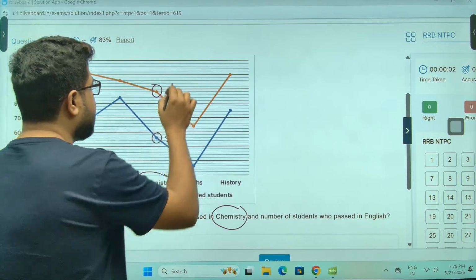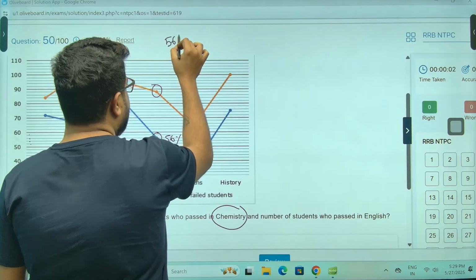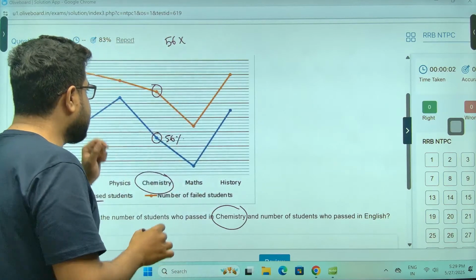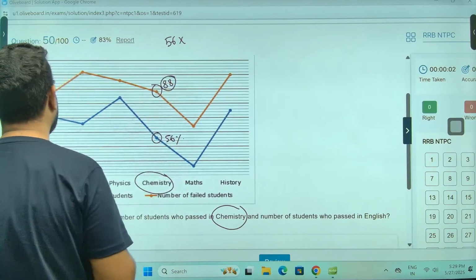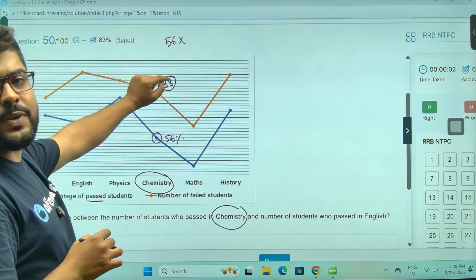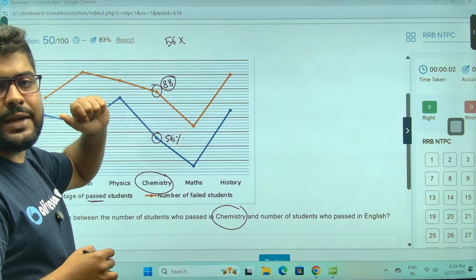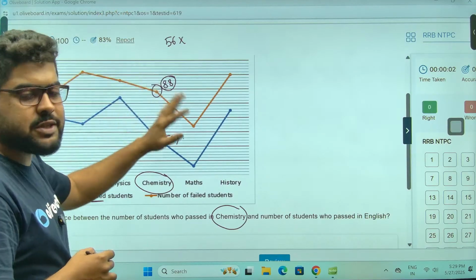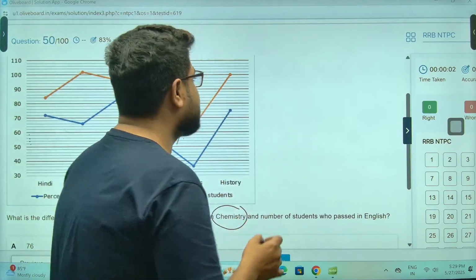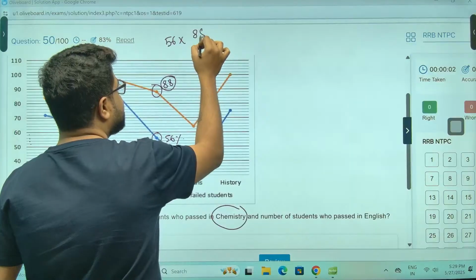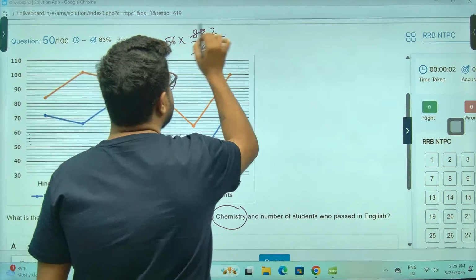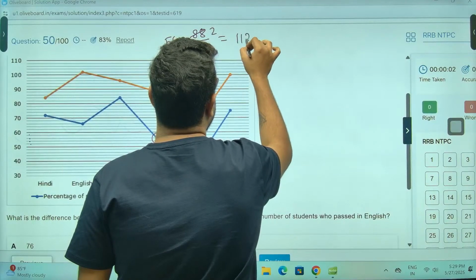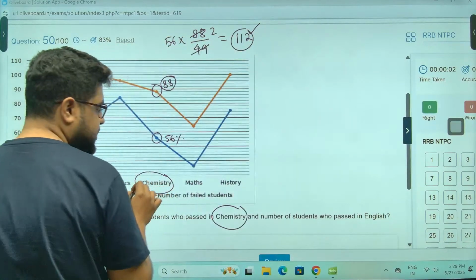But what is given is the value 88, which represents the number of students who failed. So 56% passed means 44% failed. So 44% is 88, 1% is 2, so the total number of students will be 200. That is only from chemistry.